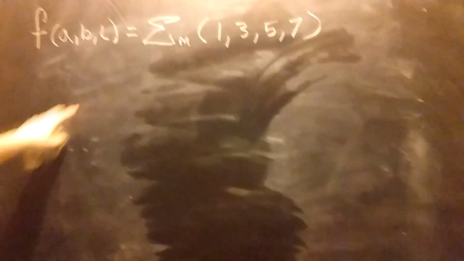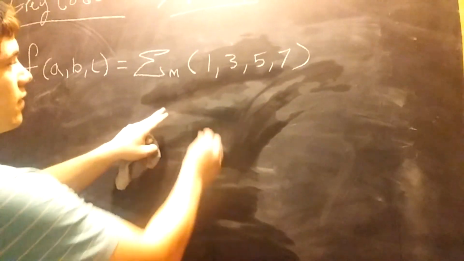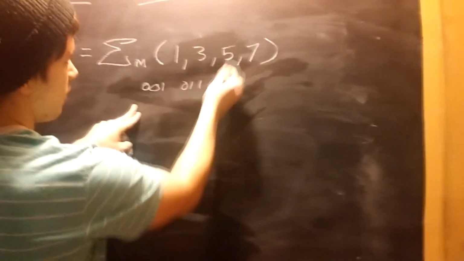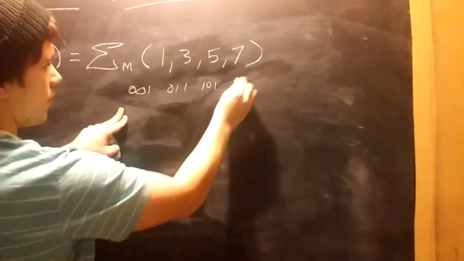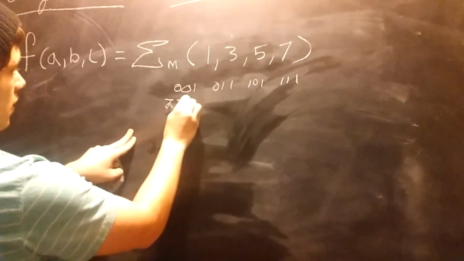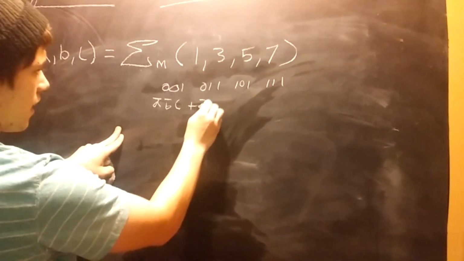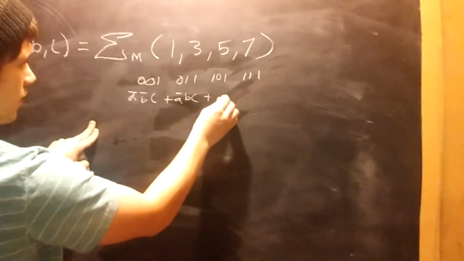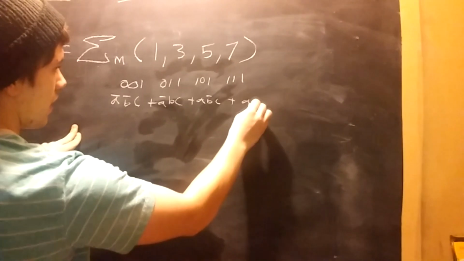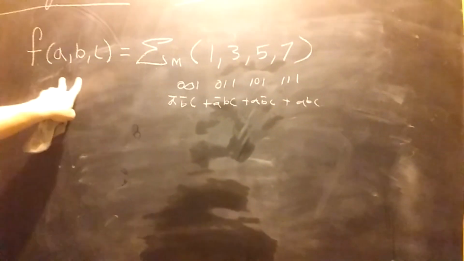So this is basically saying we have a 3-bit number, and we're taking the values: 1 is 001, then 3 is 011, 5 is 101, and 7 is 111. This corresponds to not A, not B, C, plus not A, B, C, plus A, not B, C, plus A, B, C. So that's what that equation translates to from our inputs here.